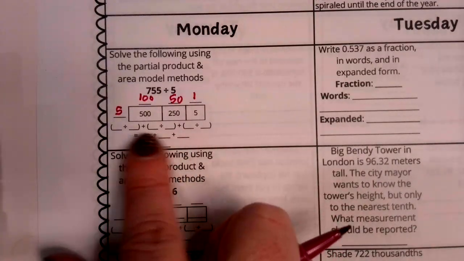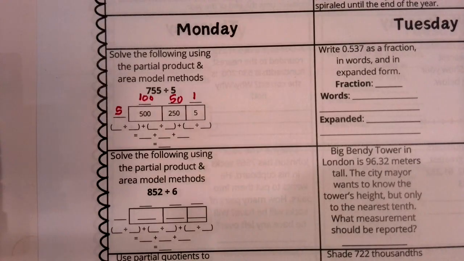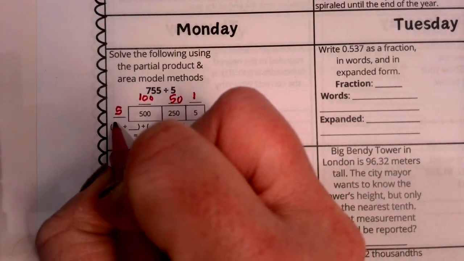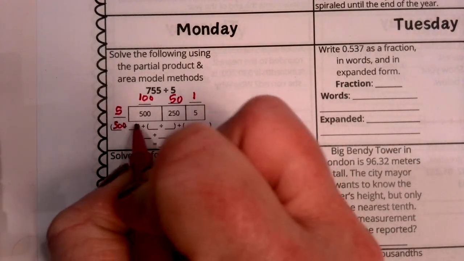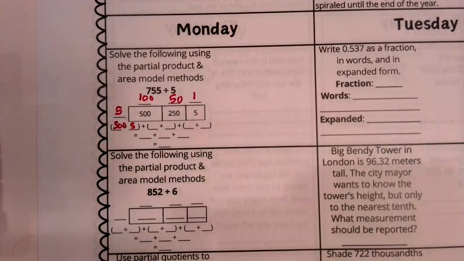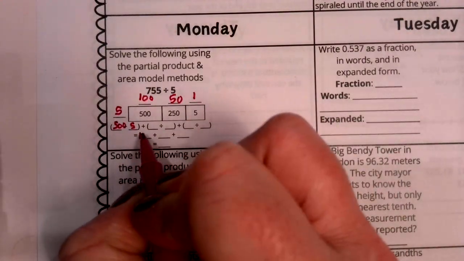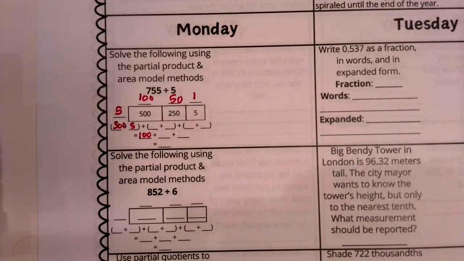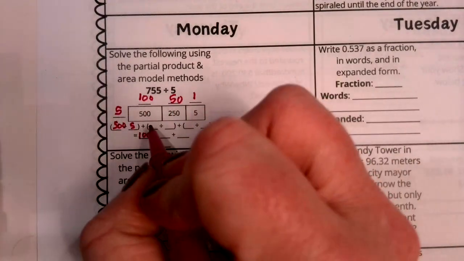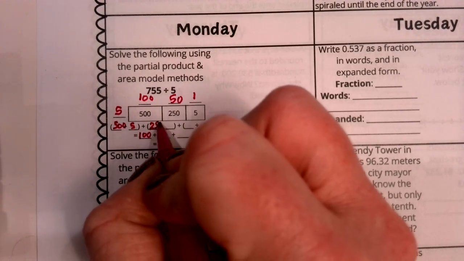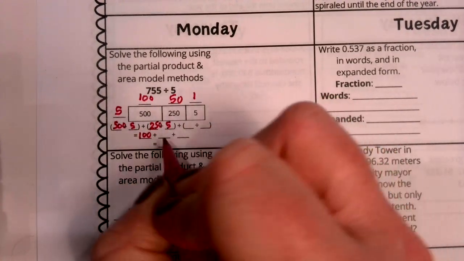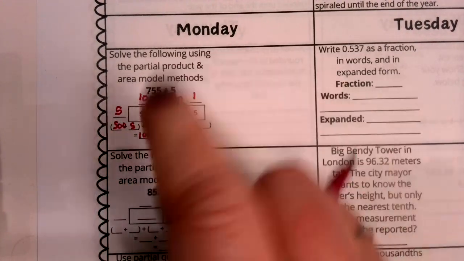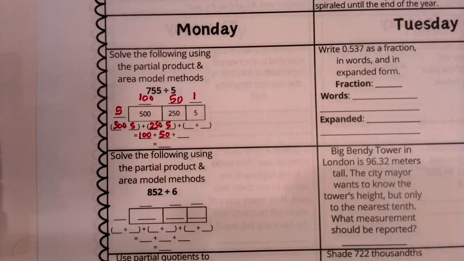Let's translate how that looks in a partial product model. The first thing I did was I used 500 divided by 5, and I found that to be 100. That equates for this very first column. In my second column, I did 250 divided by 5, and that gave me for that section a quotient of 50.